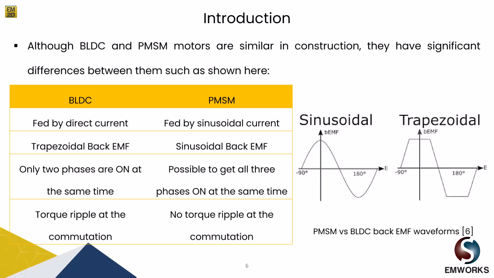In a BLDC motor, only two phases are excited at the same time, whereas in a PMSM it is possible to excite all three phases at the same time. Due to this excitation switching between the phases, BLDC motors have a higher torque ripple during commutation, whereas PMSM machines don't have a torque ripple when they commutate between the phases.